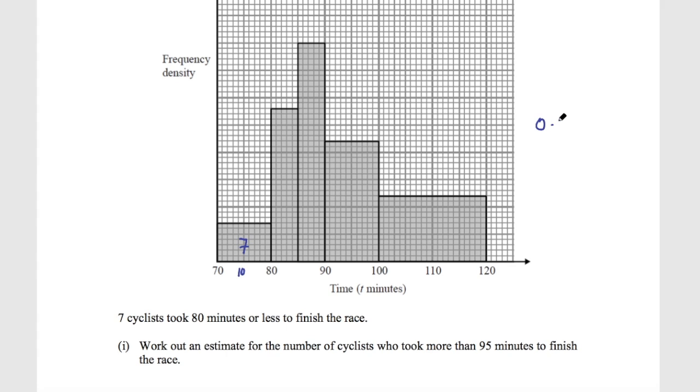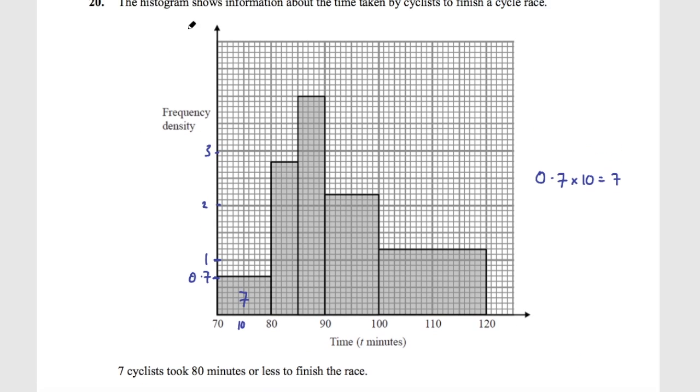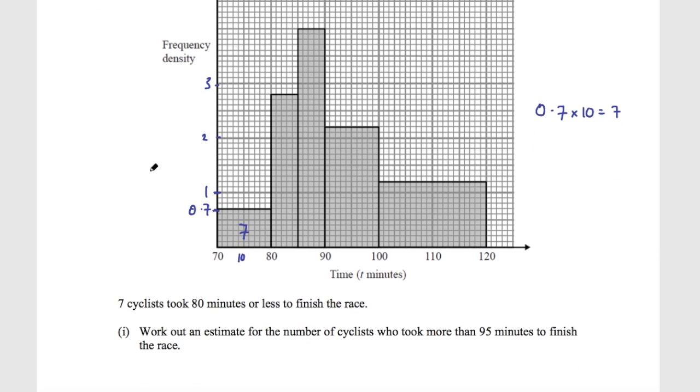Well, it's 0.7 times 10 equals 7. So this value here must be 0.7. That tells us that this scale is going up by 0.1. So this value here must be 1, this is 2, etc.